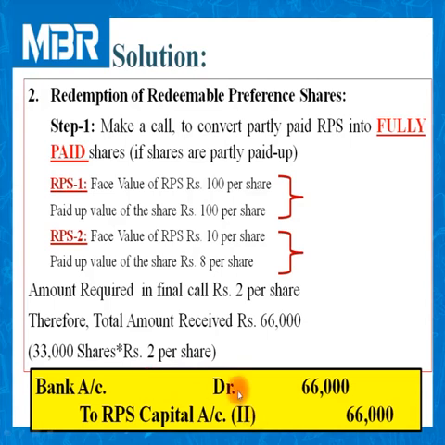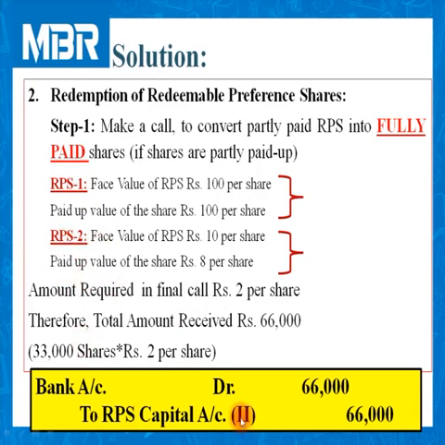Bank account debited 66,000 to RPS capital account 66,000. For our reference and to avoid mistakes and misunderstanding at a future stage, I have given a number over here. This is RPS 1 and this is RPS 2.